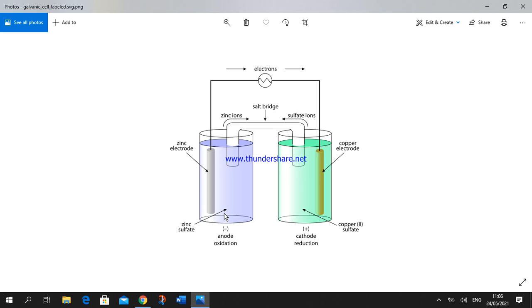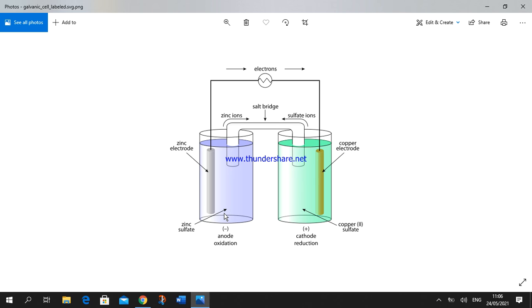What is the meaning of oxidation? Oxidation, as we know, is losing of electrons. So what happens? The anode is made up of the zinc rod and represents the negative electrode in the galvanic cell. A zinc neutral atom is oxidized by losing two electrons and changes into zinc positive ions plus two electrons.